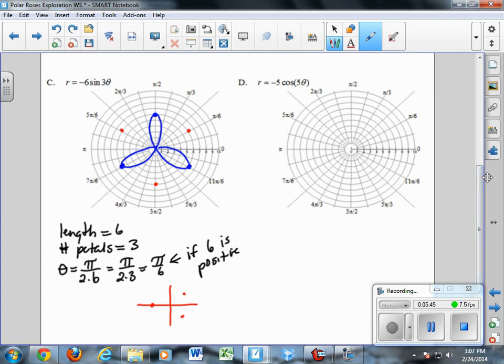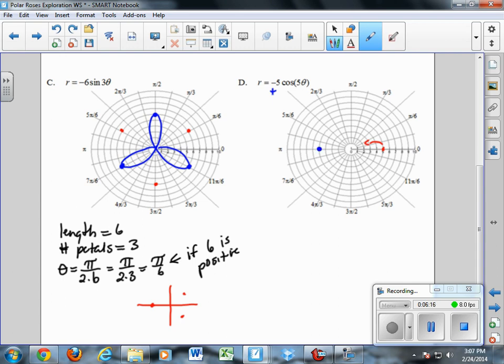If it were a positive 5, cosine would start at 0, so I'd have a petal there, and then 5 petals evenly spaced. But since this is not a positive 5, instead of starting at 0, I'm going to go the opposite direction, starting at 5 pi.